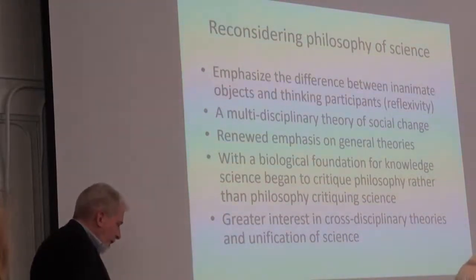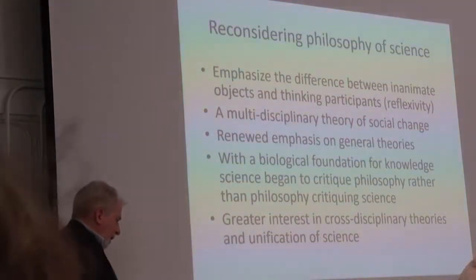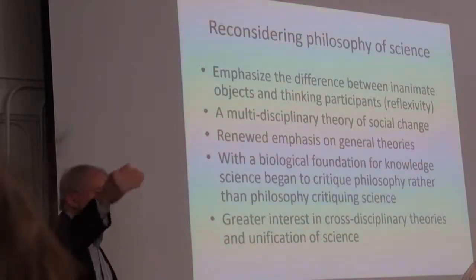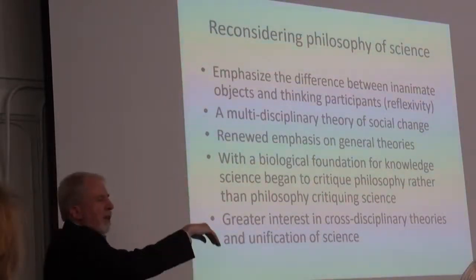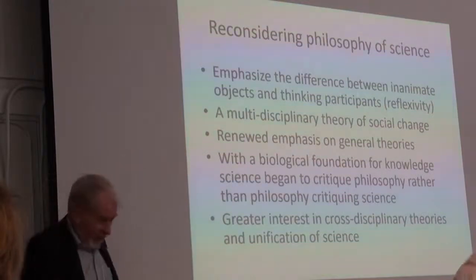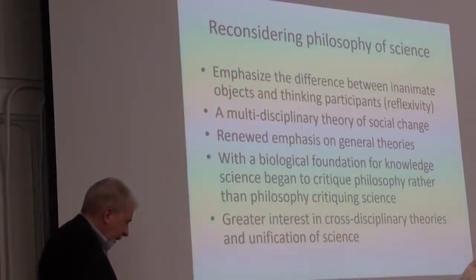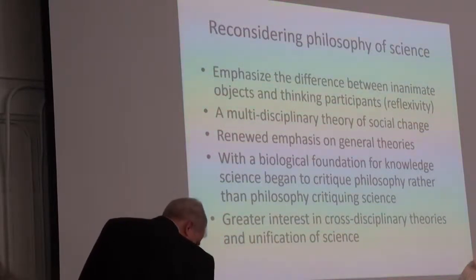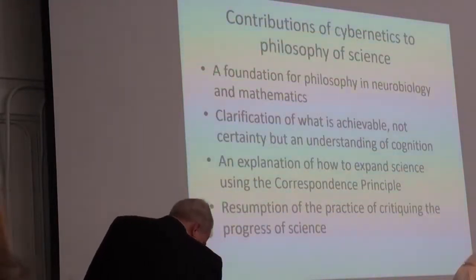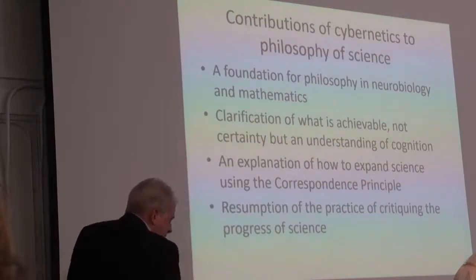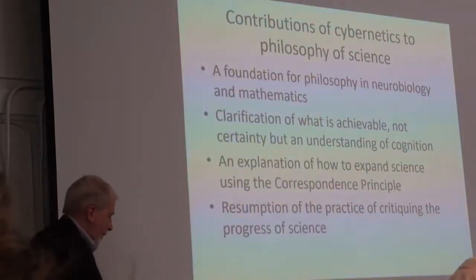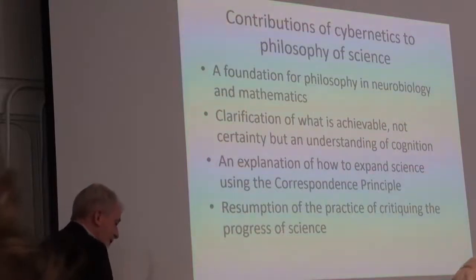You provide a biological foundation for knowledge to critique, and you use science to critique philosophy rather than philosophy to critique science. And that leads you to greater interest in cross-disciplinary theories and the application of science. So, the foundation for philosophy is placed in neurobiology and mathematics, Russell's paradox, for example.